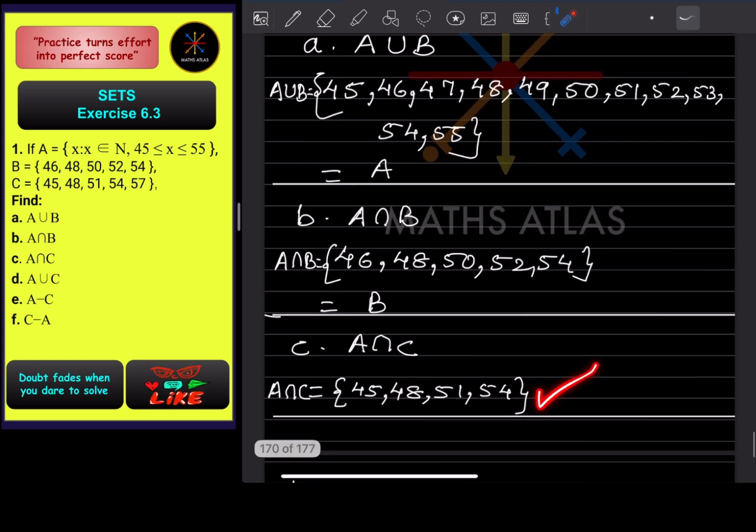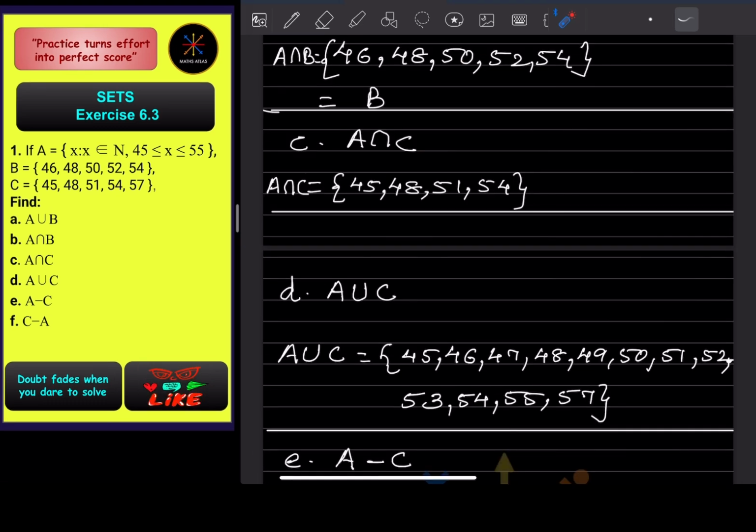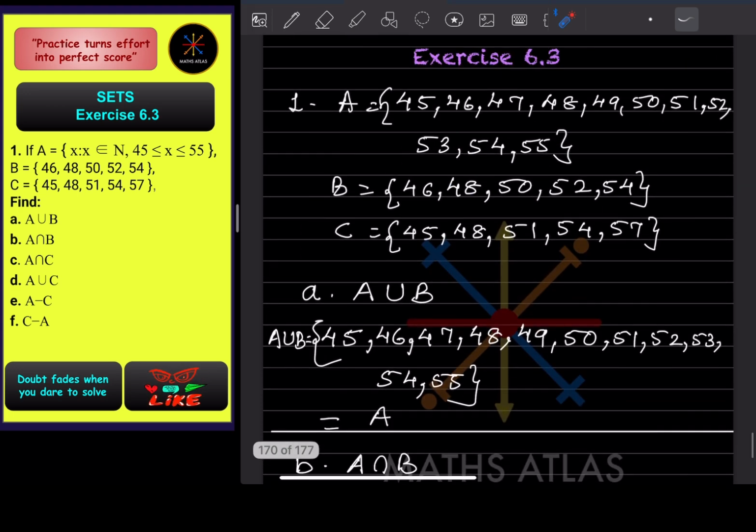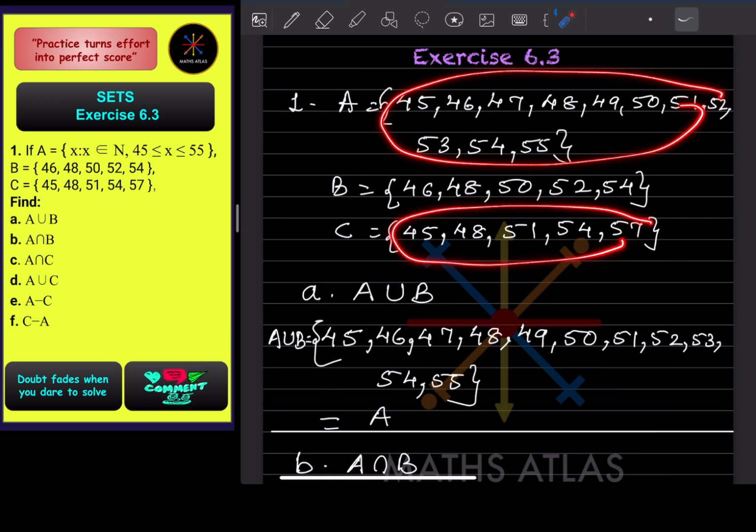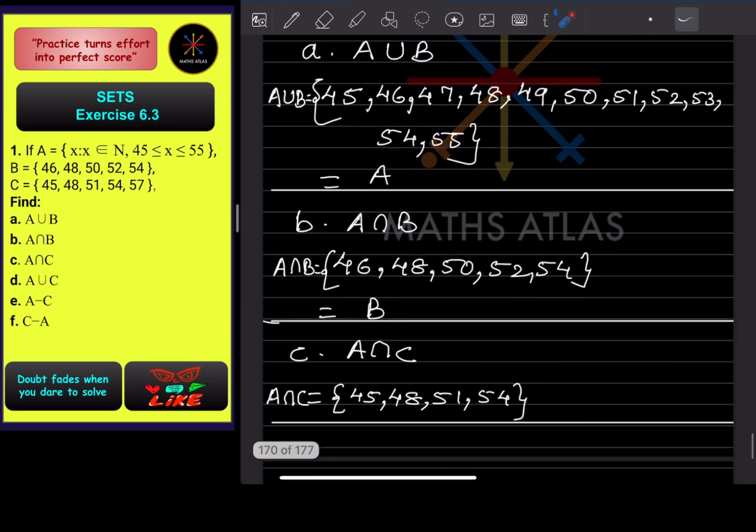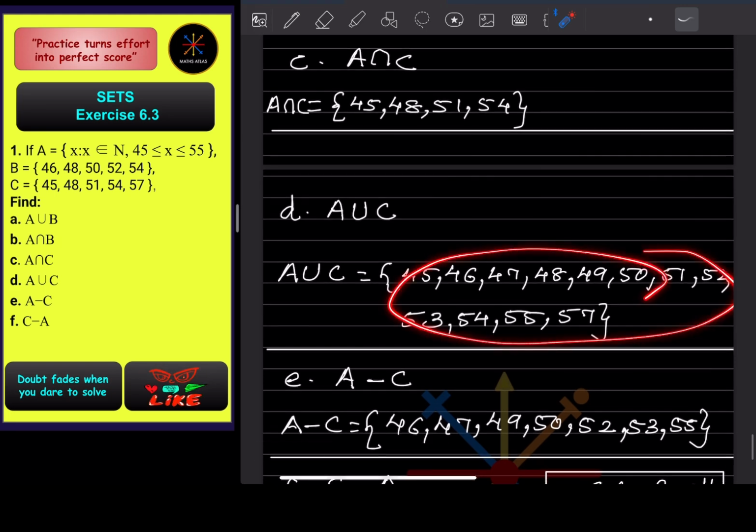Now for A union C, we will compare A and C. We don't have to repeat these, we write them only once because they are in both places. Again, we write this only once, and whatever rest remains should be written over here.